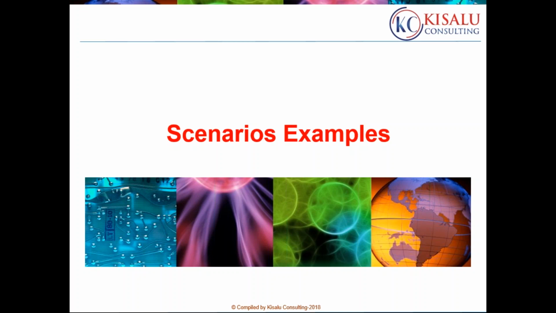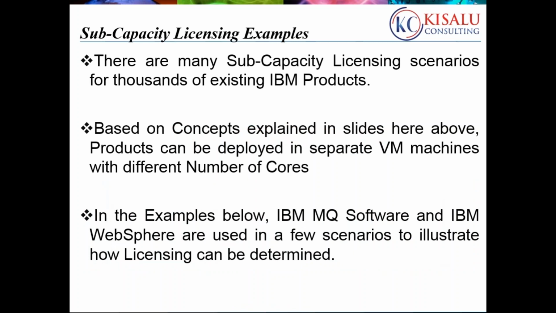So we have a few scenarios that we picked from the website. They are all on the website. All the information we're sharing is IBM information on the website. The subcapacity examples that we have, there are many of them, many scenarios that we can have for the thousands of products that IBM has.